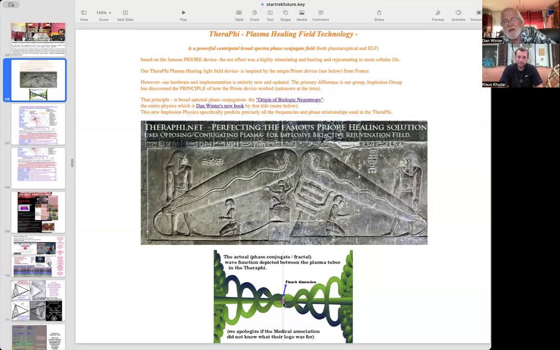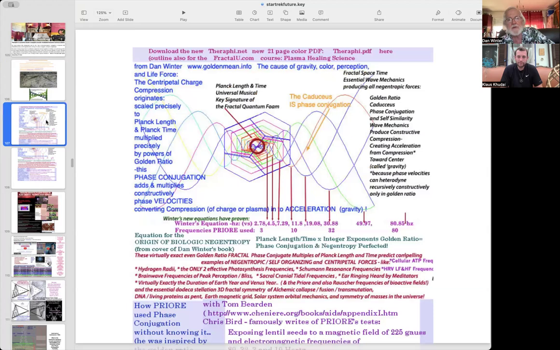And that common denominator of the Planck dimension is what enables getting into and out of that array. That's why all implosive compression is tuned to Planck, called planckfire.com, P-L-A-N-C-K-P-H-I-R-E, planckfire.com. And that's the principle of implosion that causes gravity, consciousness, life force, and all negentropy.